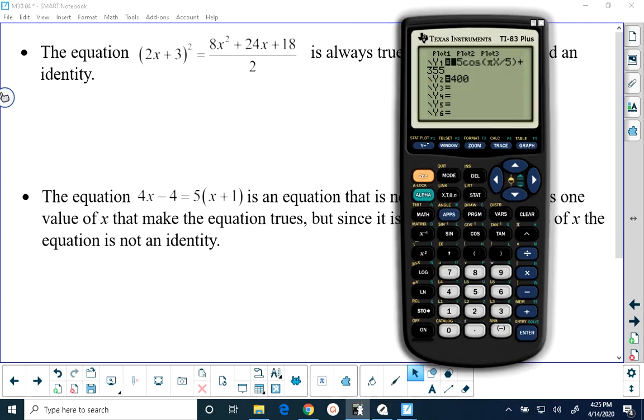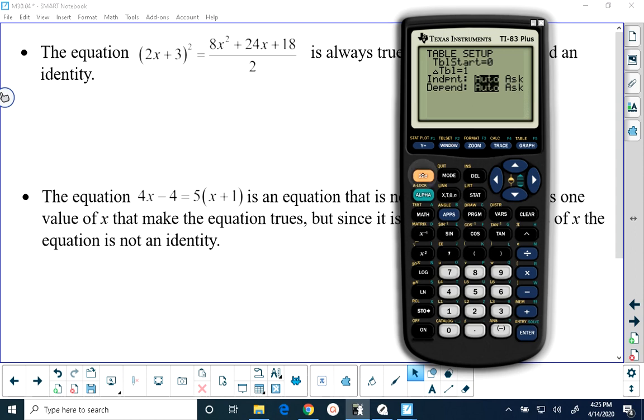I'm going to put in for y1 the left-hand side of this equation. So in brackets, I have 2x plus 3, end brackets, and I'm squaring that. And I'm going to right now go to my table setup, and I'm going to start at 0 and go up by 1.